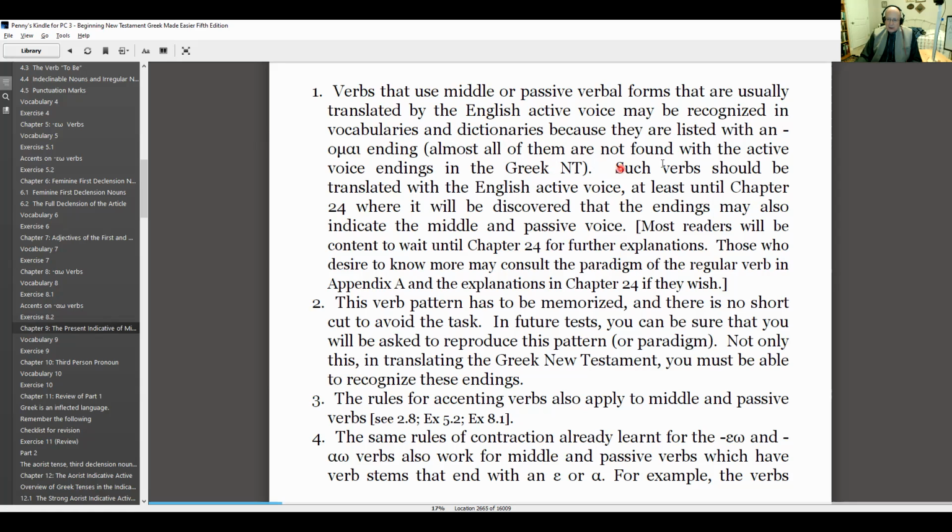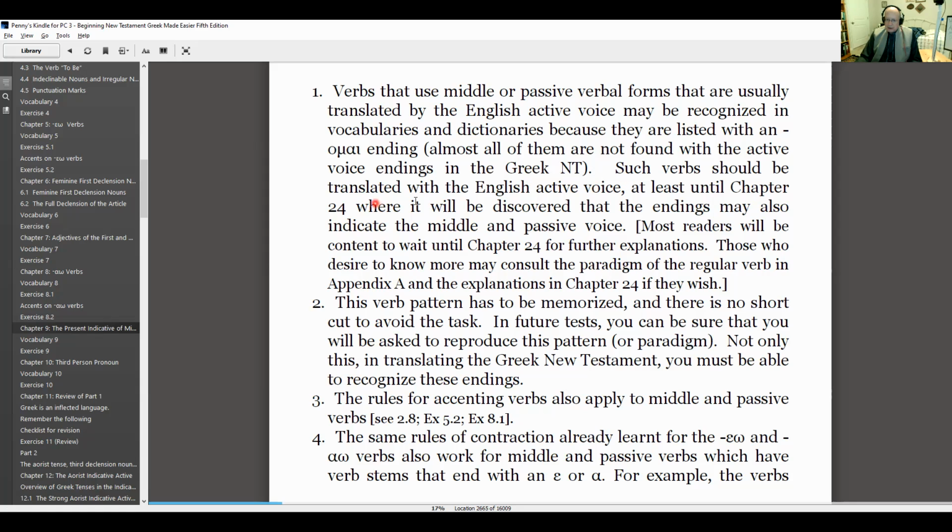Almost all of them are not found with the active voice endings in the Greek New Testament. So, for example, you won't find decho. You'll only find dechomai, because there is no active voice for dechomai, I receive, or I welcome. There's only the ending omai.